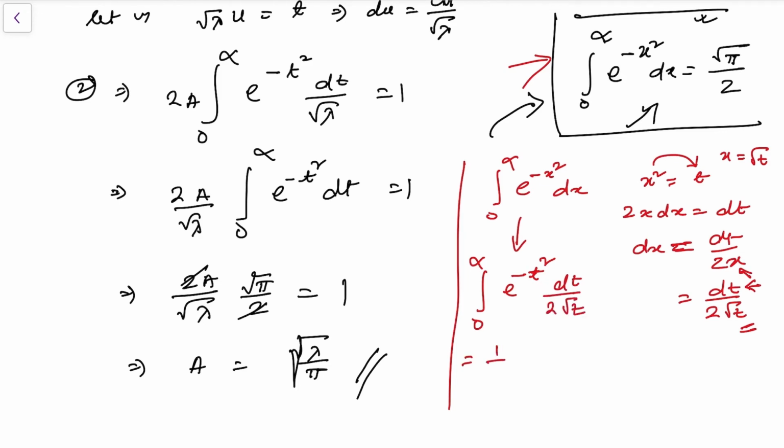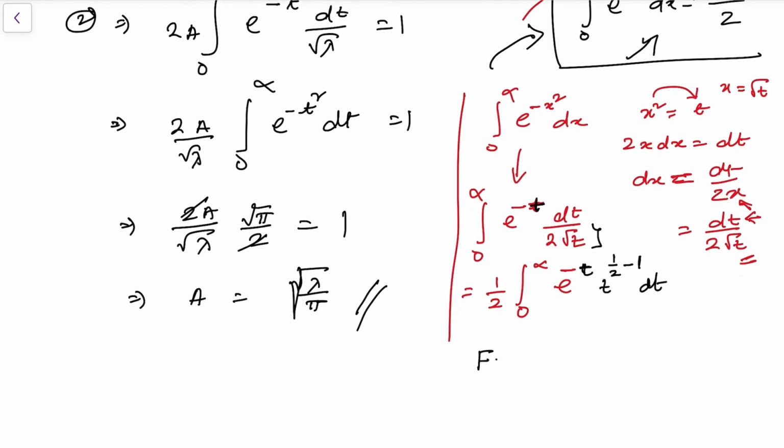So 2 is constant, here we have to write half, integral from 0 to infinity e to the power minus t, this should be only t, not square, this is t only, then dt by root over t, that can be written as t to the power minus half dt, and t to the power minus half can be written as t to the power half minus 1.